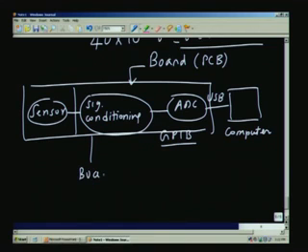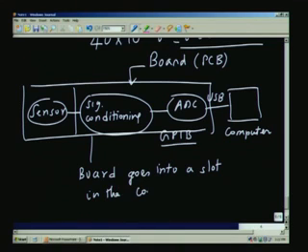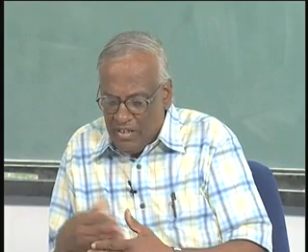The board goes into a slot in the computer itself. So, the signal conditioning and data acquisition board can actually become a part of your computer. It can be put inside, or in the new version, as we have seen, it could be USB connected.